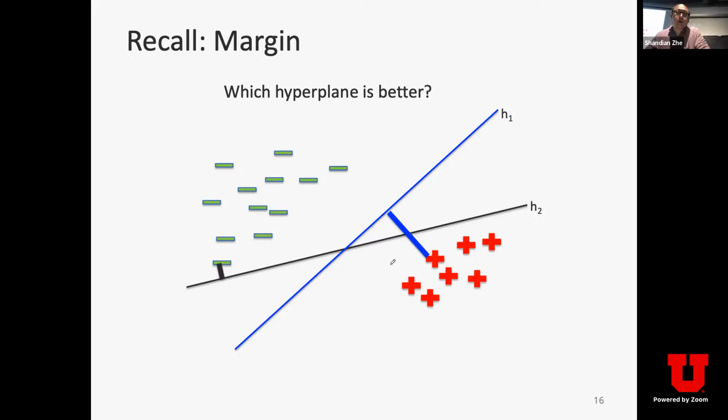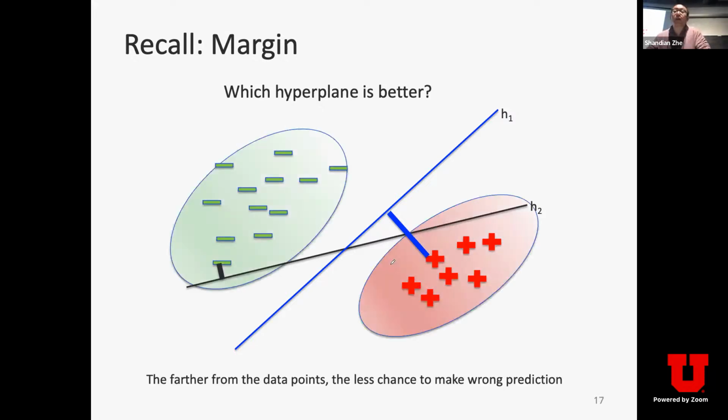We discussed which classifier we shall choose, H1 or H2. H1 obviously has a much larger margin than H2. We analyzed this and believe that H1 will have better generalization performance. Why? Because H1 is far away from both positive examples and negative examples.